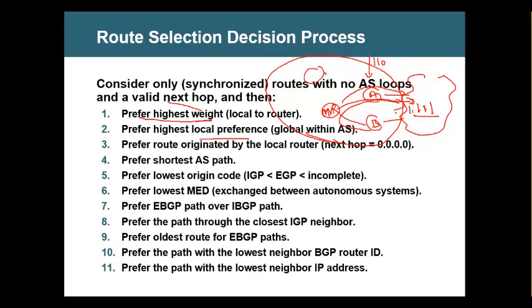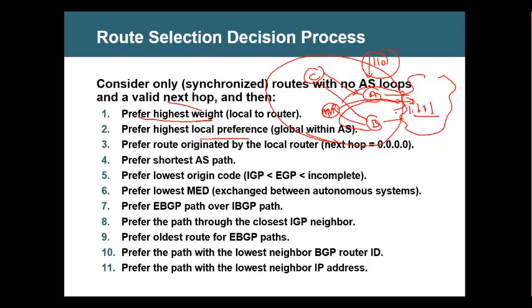If I have C connected to A and B, even the C router will go via A because A is set with a high local preference. Because of the word local, it doesn't mean it is local to the router. It actually means it is local to the autonomous system.